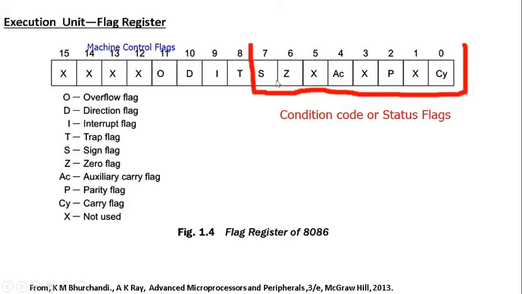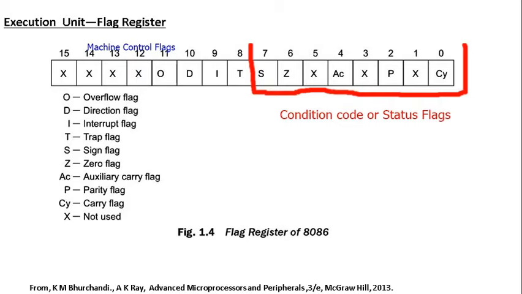In this condition code region, which is the lower byte of your flags register, the two important bits are the sign bit and the zero bit. The sign bit, or S bit, will be 1 when the result of any operation is negative. The zero bit will be 1 when the result of any operation is 0. Along with that we have another area of the flags register known as the machine control flag area.